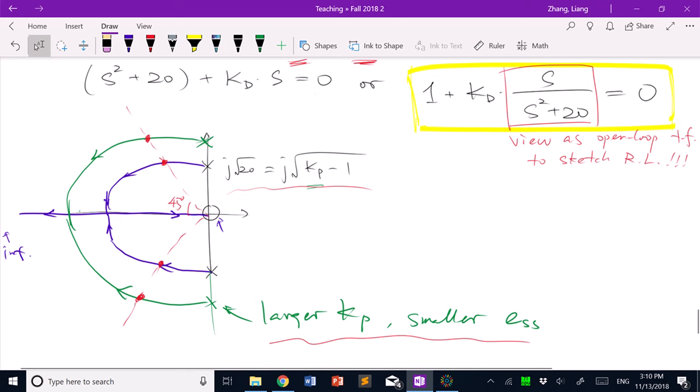So for this particular system, I want to leave it as an exercise, which you can try and see if you're able to find a P controller or a PI controller that will render the system asymptotically stable, and have the desired transient performance and steady state performance. Okay?